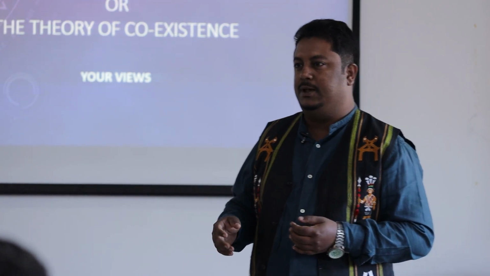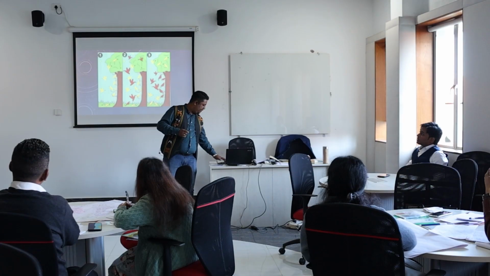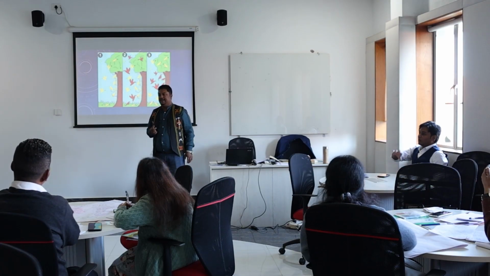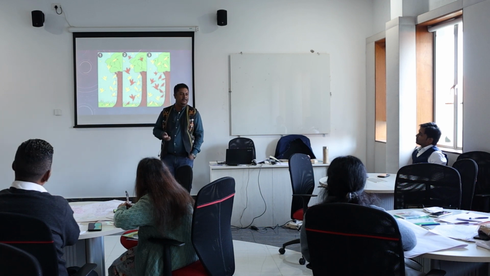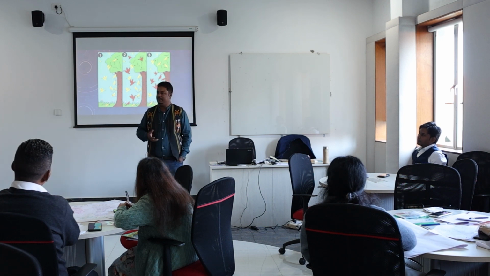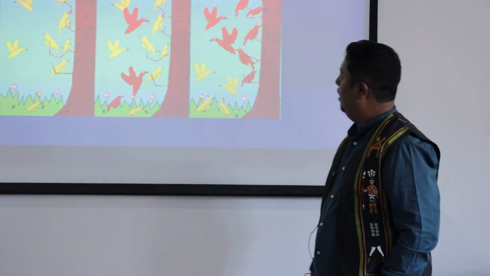This particular example that we had given you is a perfect example of the theory of coexistence, right? Initially, it was survival of the fittest because they all wanted their shares. What we started as was the survival of the fittest, but we ended in the theory of coexistence. So a small diagram: if you see here, there's only one species of bird in this entire ecosystem.